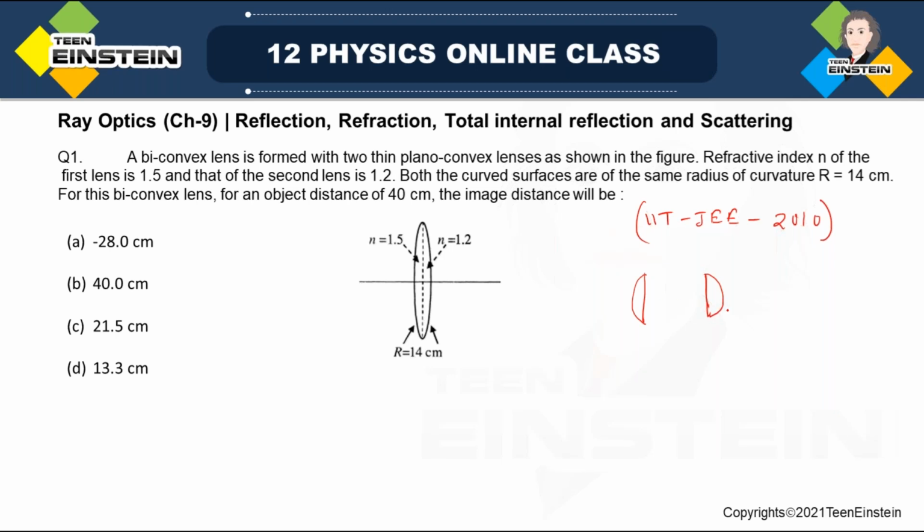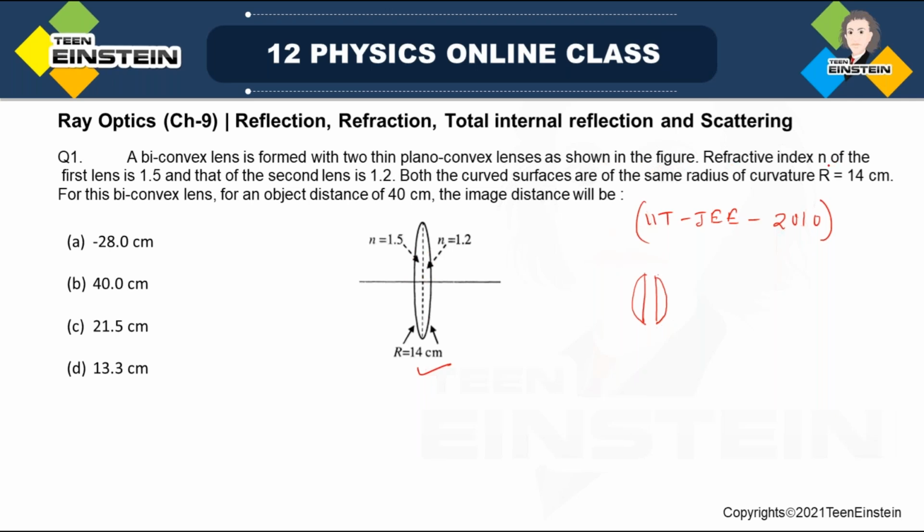Okay, these are looking a little thicker, but they both have the same radius of curvature, same focal length. Both are thin lenses, and if you just combine them, they will form like this. This is called a biconvex lens, as shown in the figure here.